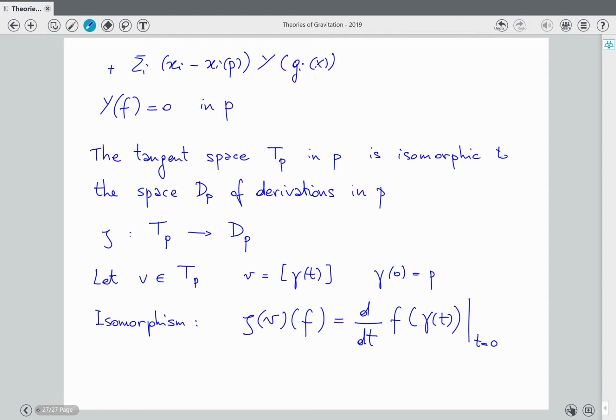Let's consider very simple curves. If we want a basis of curves, the curves that are equivalent to moving along the ith axis.